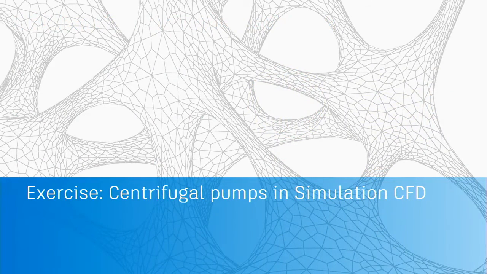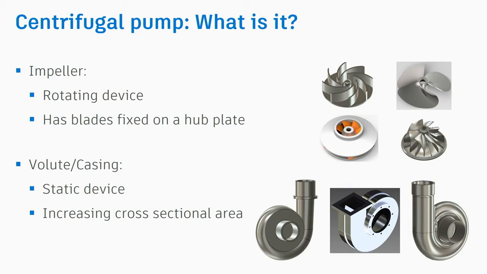Now, we will work on setting up a centrifugal pump in Autodesk CFD. Why did I choose to work with the centrifugal pump? Because it's the most commonly used turbomachinery application in CFD simulation. What is a centrifugal pump? It's mainly composed of two components, a rotating device called an impeller and a static device called a volute.